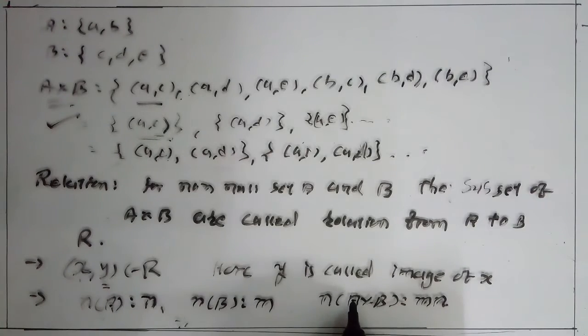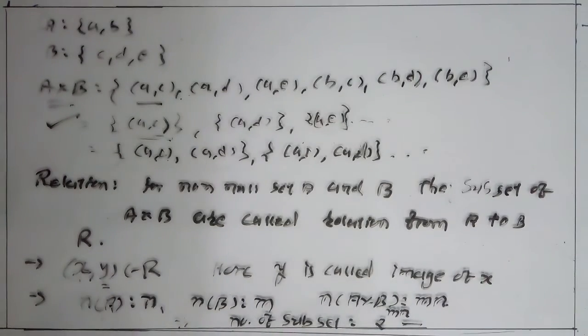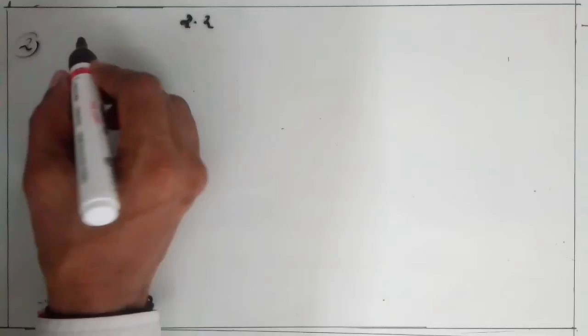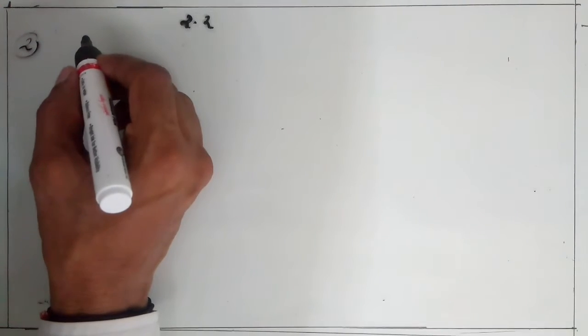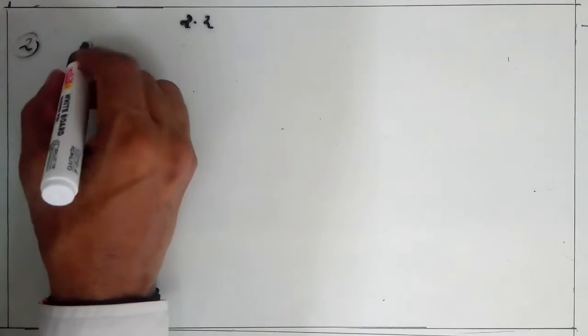Therefore the number of subsets of A cross B is 2 raised to m into n, and all become relations from A to B. So if A contains n elements, B contains m elements, then the number of relations from A to B is 2 raised to mn. Clear?